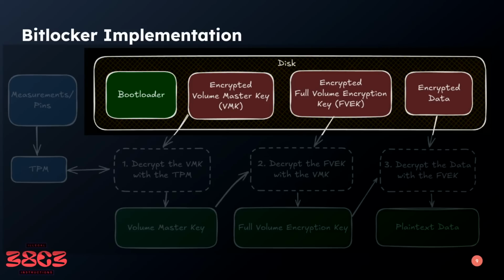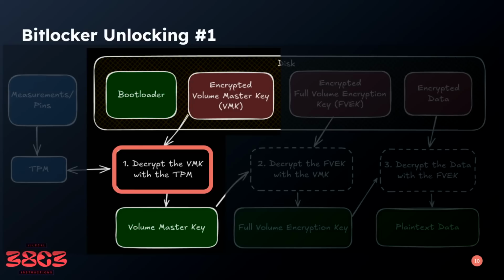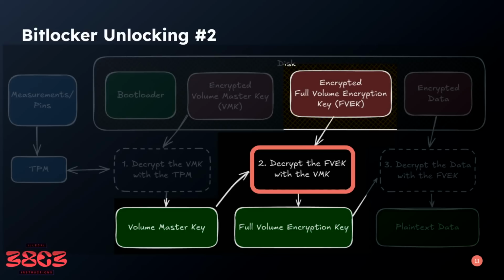And then if you look at how the unlock process for BitLocker works, we have a couple of steps. In the first step, our bootloader, which is unencrypted, takes this encrypted master key and decrypts it. And then we have this volume master key in plain text. In step 2, we take this volume master key in plain text and use that to decrypt the full volume encryption key.